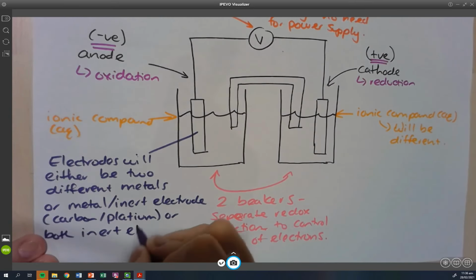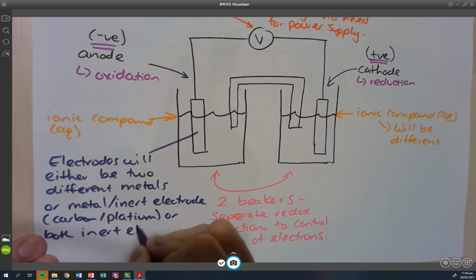I should actually include in that image the ions moving. So in this case, positive ions are going towards this half, whereas in the oxidation half, positive ions are being released. I hope that makes sense when we're thinking about the overall picture. It'd probably make more sense once I go through the specific example.